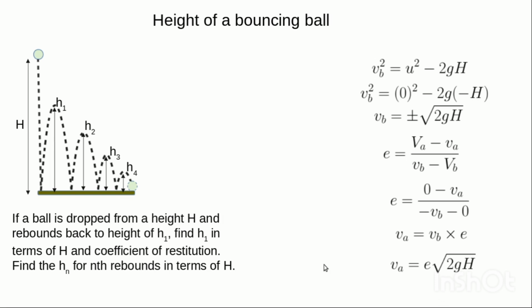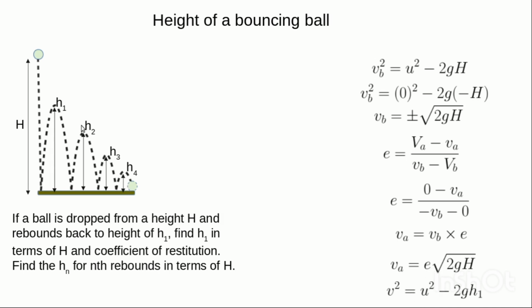Right? So now that we know the velocity at which it hits and the velocity after collision, the velocity with which it goes back, we can also find the height traveled. To find the height traveled, we use the same formula, V squared equals U squared minus 2gh1. We now know the initial velocity, which will be taken as this expression.